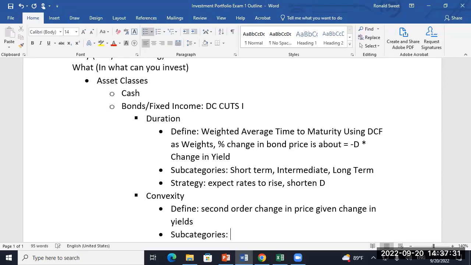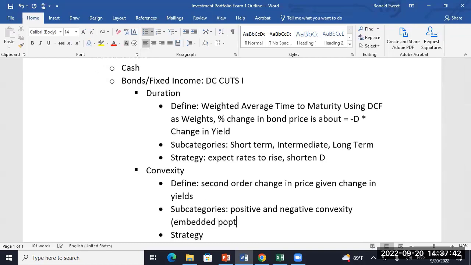Subcategories are only two of them, positive and negative convexity bonds. These are the embedded option. Remember, negative convexity bonds must have some kind of embedded option that causes that negative convexity.